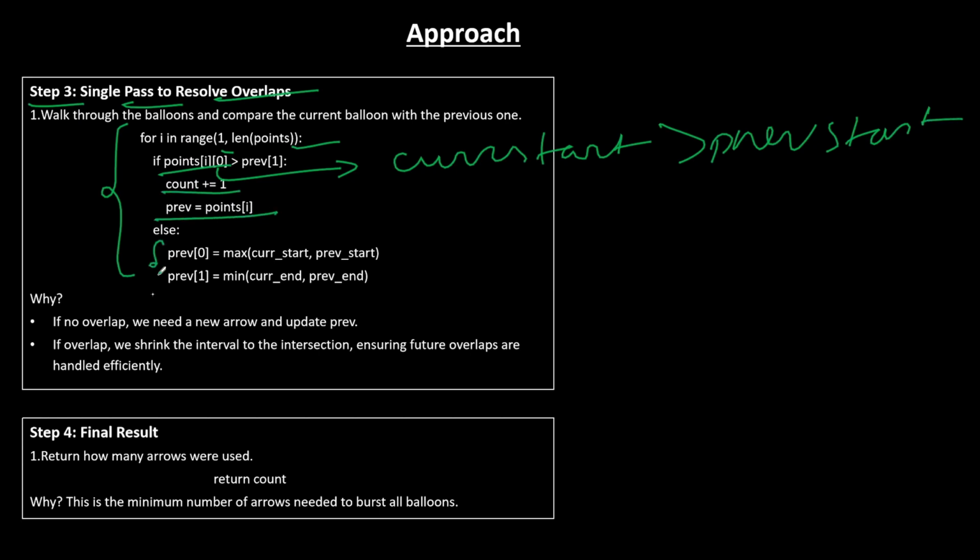Got it? Otherwise we will take the maximum of the current start and previous start, and the minimum of the current ends. Got it? Here if no overlap, we need a new arrow and update the previous, right? And finally, after coming out of this for loop, we will just return the count of the arrows. That's it. So I hope you understood the approach explanation. Now let's move to the next slide.